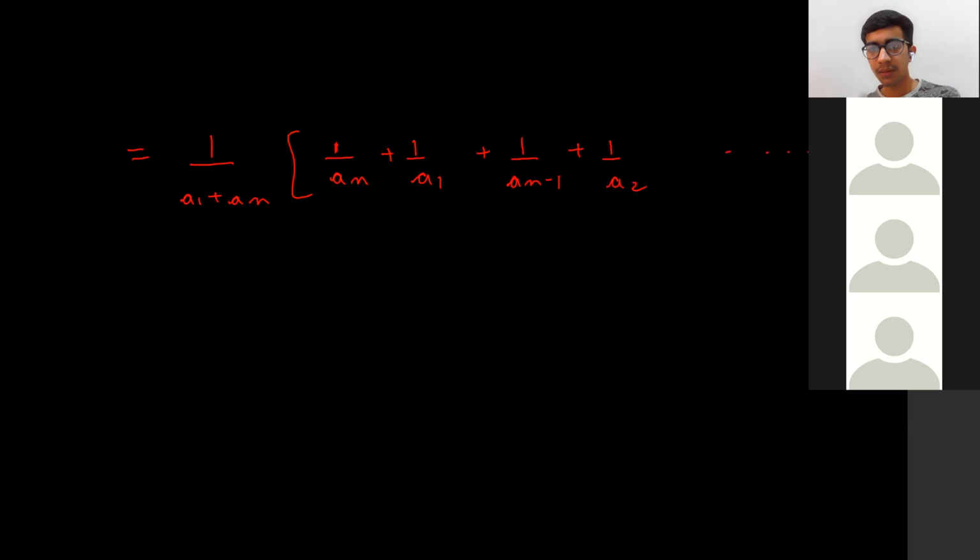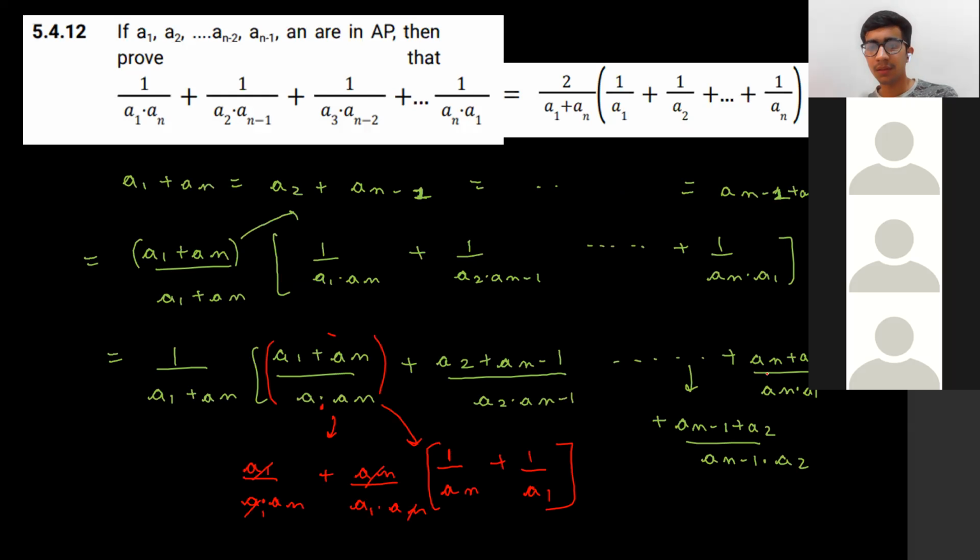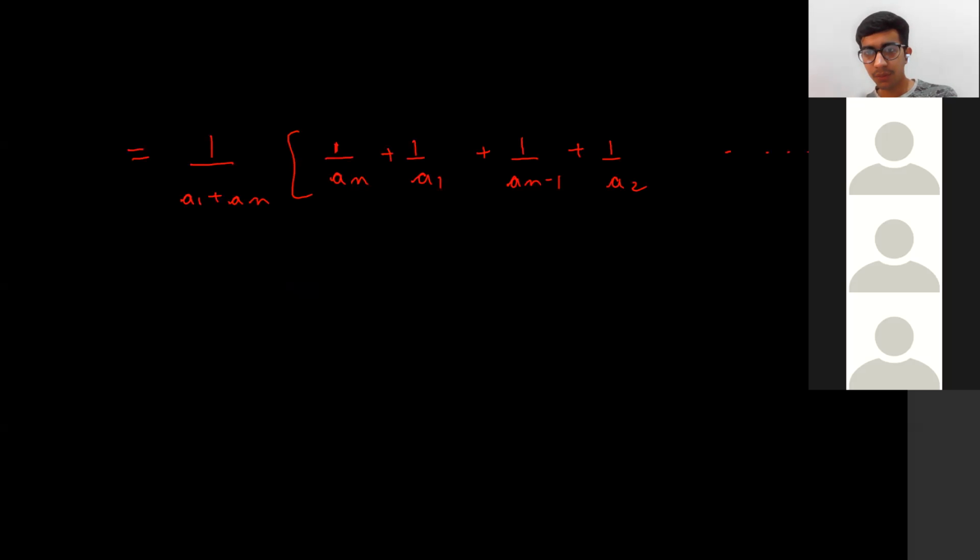And so on till the second last term, which will be 1 over a2 plus 1 over an minus 1. And the last term will be 1 over a1 plus 1 over an. Does everyone understand till here? Give a thumbs up at least, so I know whether you understand or not.